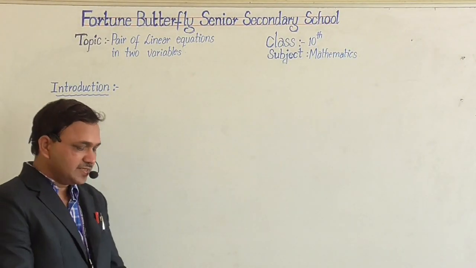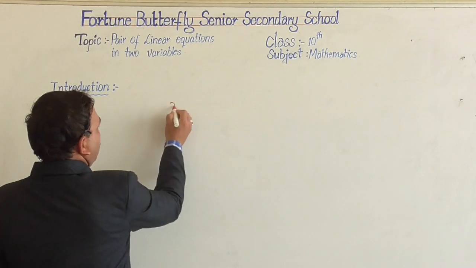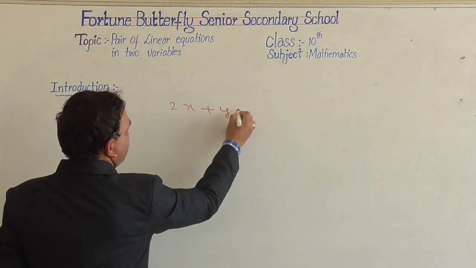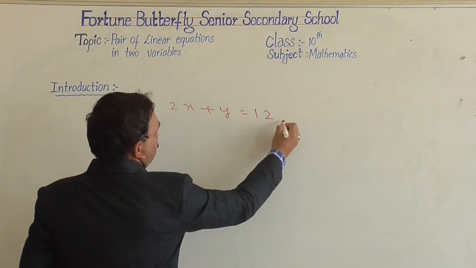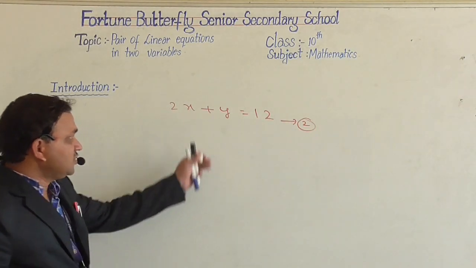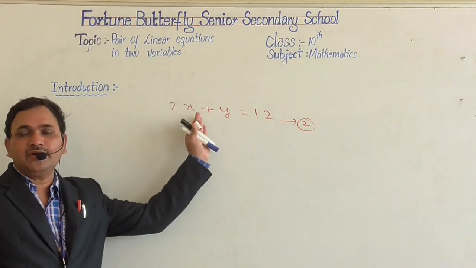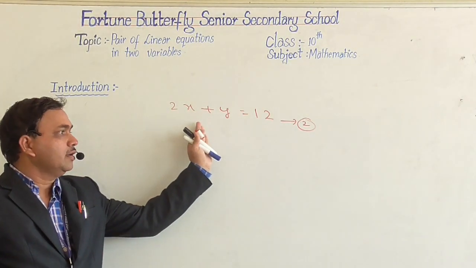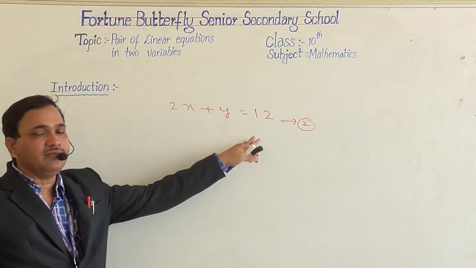Next, observe the second equation. We already have 2x plus y is equal to 12. So this is equation number 2. This one also, by using the hit and trial method, you take x values and then get the y values.